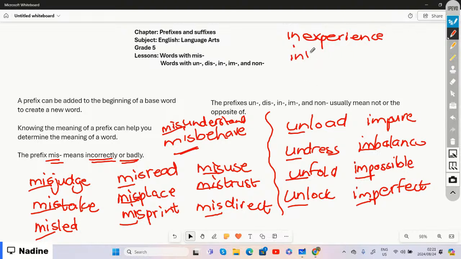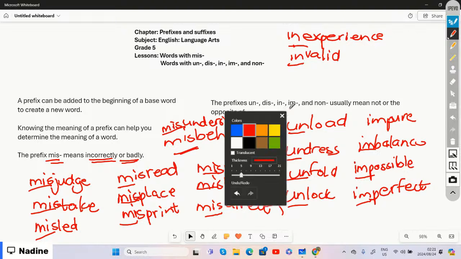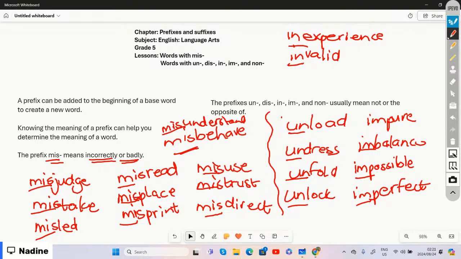Invalid, it is not valid. And then we also have inconvenience.